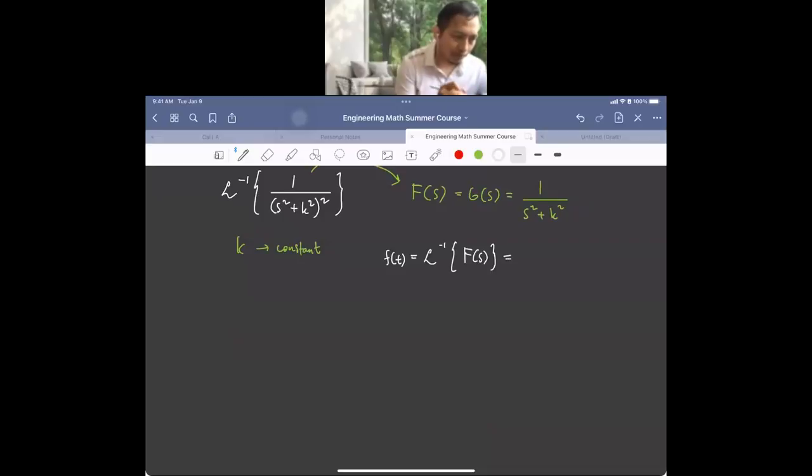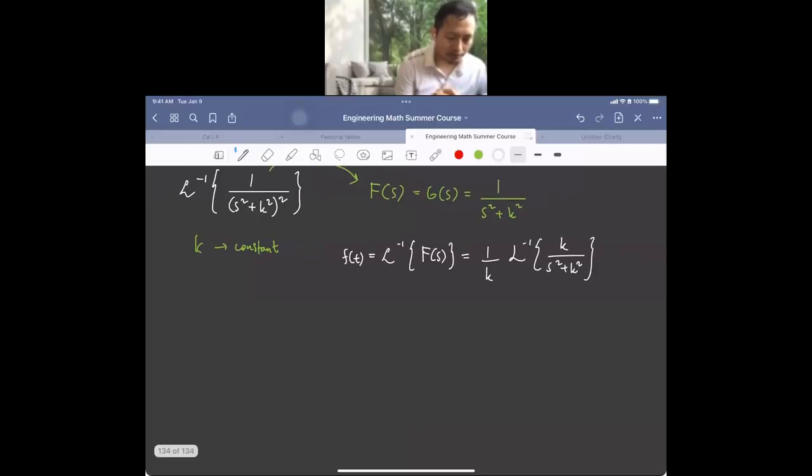We can have 1 over k, and then let me write 1 by 1, that is, k over s squared plus k squared, right? To make the calculation equal. So it becomes sine kt. So this is f(t) and also g(t), because they are both the same.